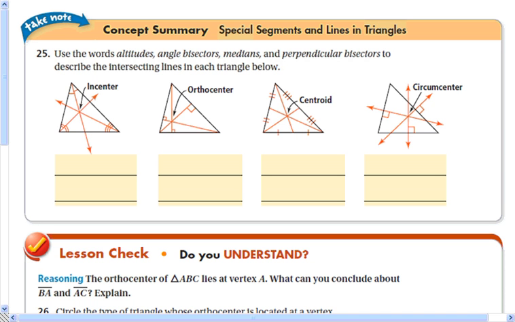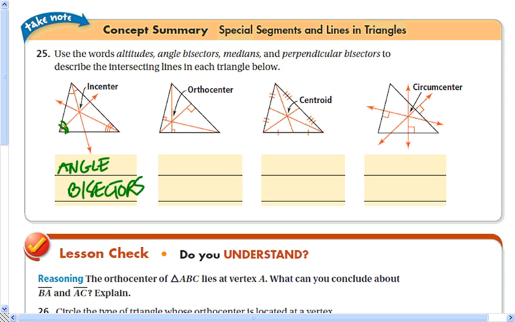Concept summary. The incenter is created by the point of concurrency of the angle bisectors. And we can see that because those angles are the same on each of the parts.